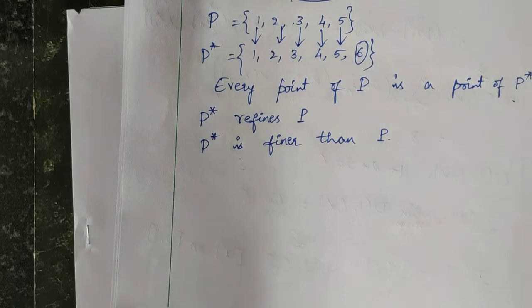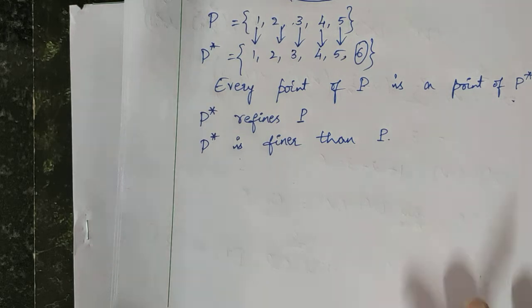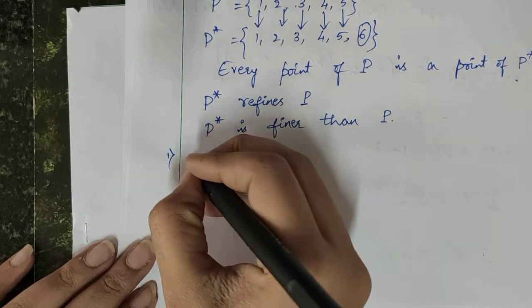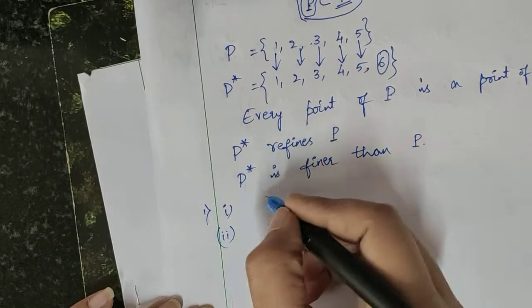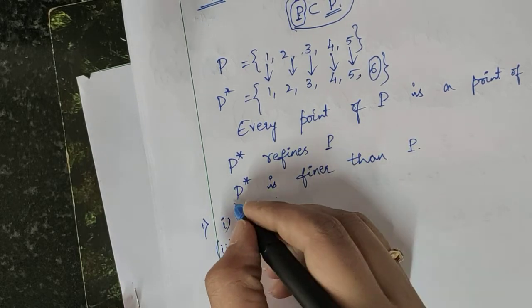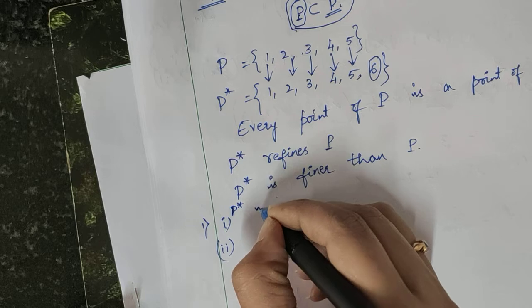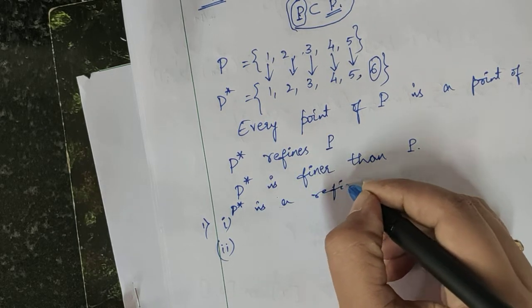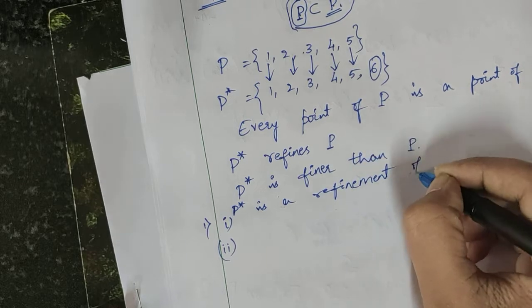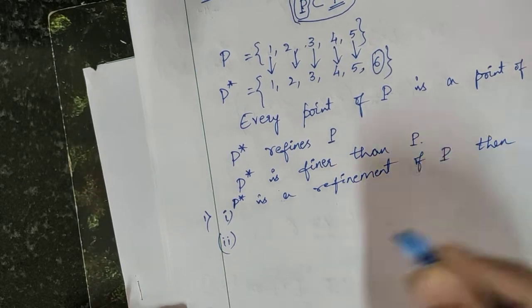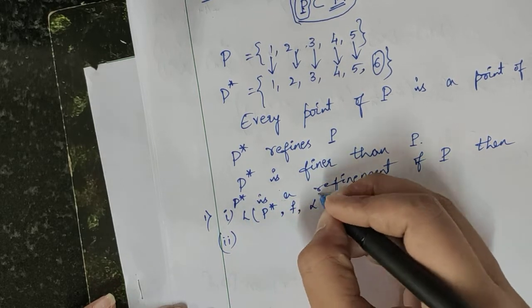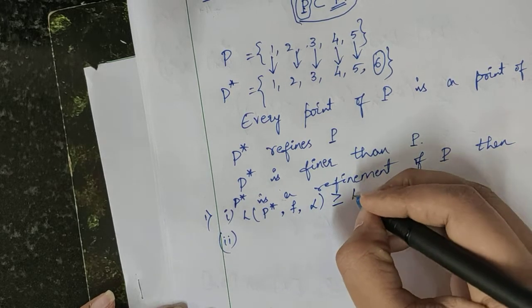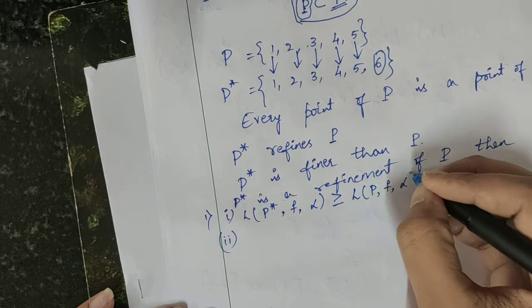Now using this concept, let us prove some of the properties of the Riemann-Stieltjes integral. The first theorem has two inequalities, and we are supposed to prove both. As given data, P star is a refinement of P. Then we have to prove L of P star comma f comma alpha is greater than or equal to L of P comma f comma alpha.